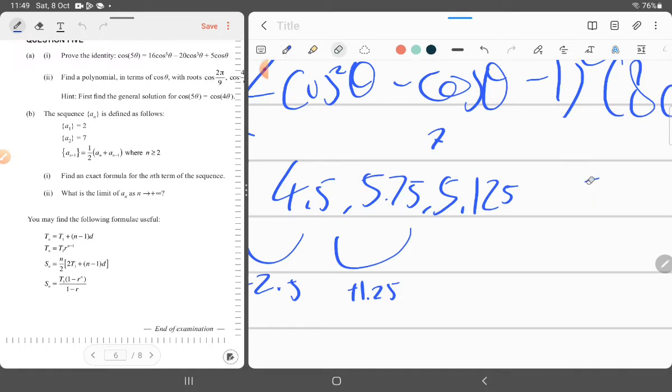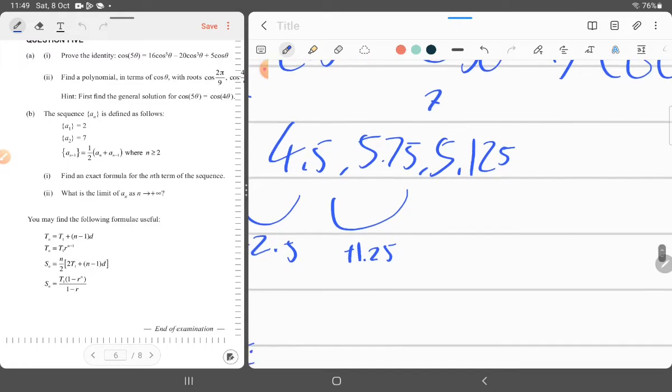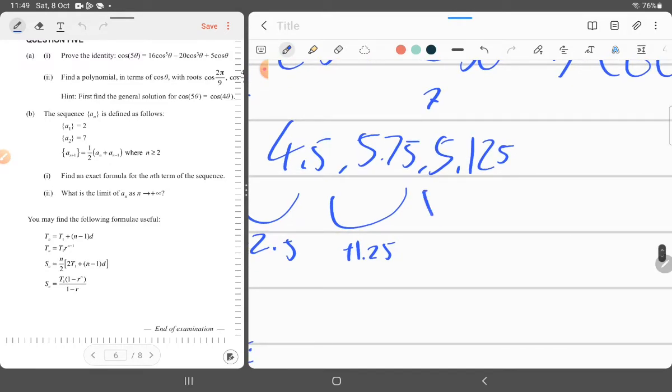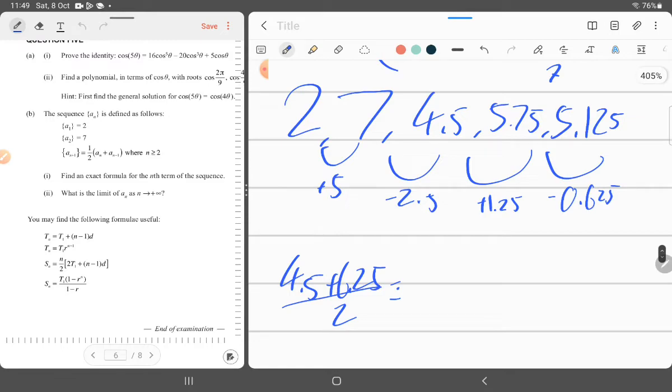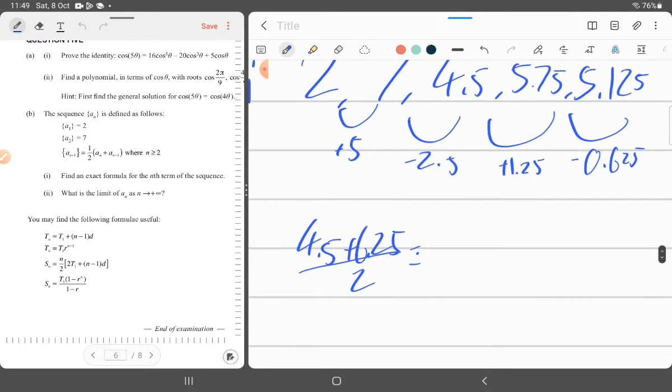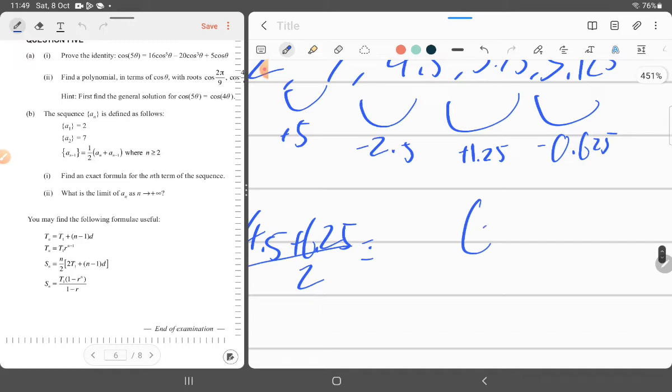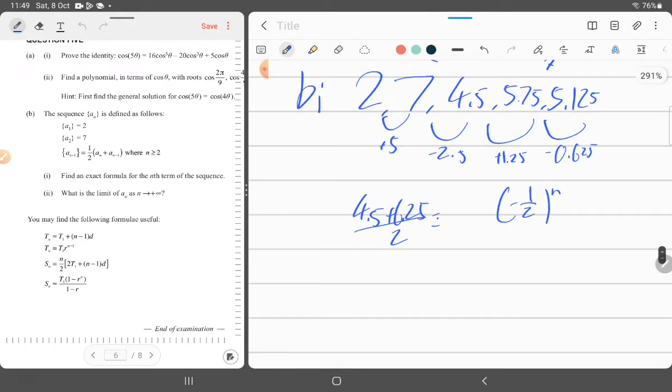Let's get rid of this 5. Then this is right, 5.125, which is equal to 0.625 minus. So it just keeps on going down by half. So I think it's negative half to the power of n. I think.